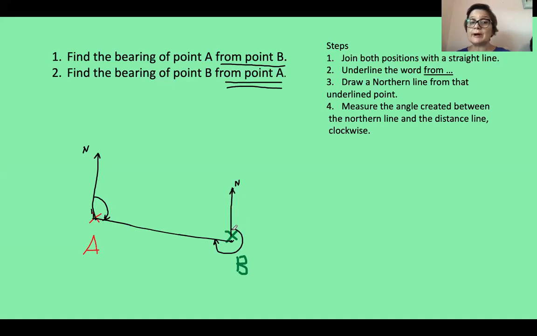And from the rule of parallel lines, this angle here, which I'm going to call lowercase a, and this angle here, which I'm going to call lowercase b, then a plus b make 180 degrees, as interior angles in parallel lines. Which means if you know angle b already from the calculation you made in the first stage, you will be able to find angle a without needing the protractor.